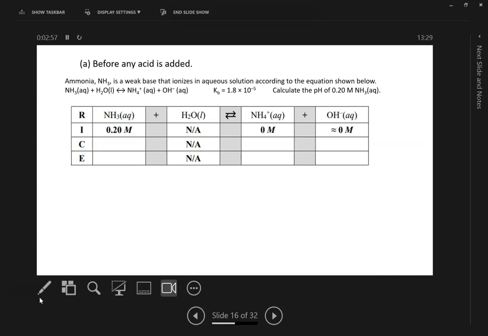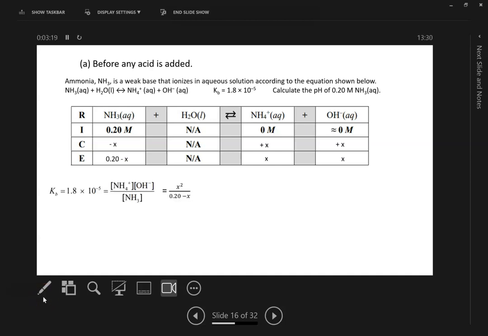So initially, we start off with 0.2 molar NH3, 0 NH4+, and 0 OH-. We don't know how much is going to react, so minus X on the left side and plus X on the right. So we've got our equilibrium amounts.